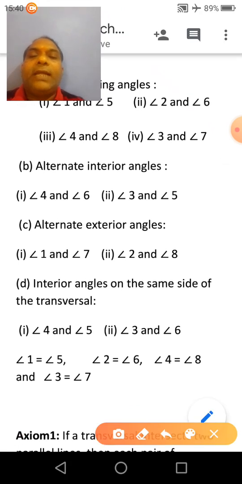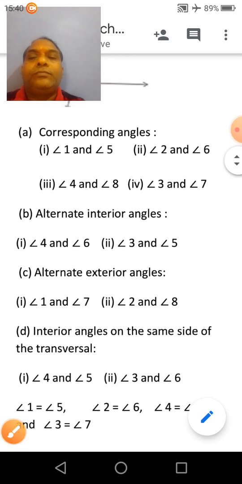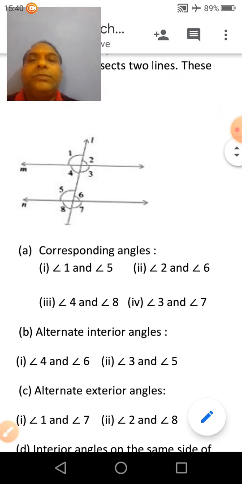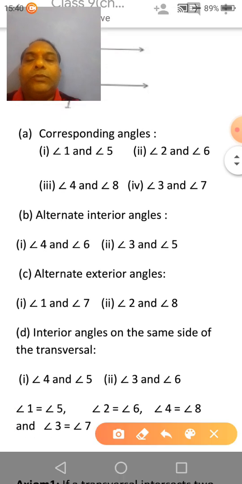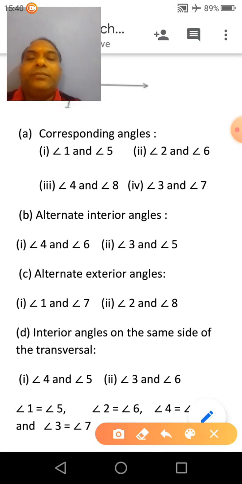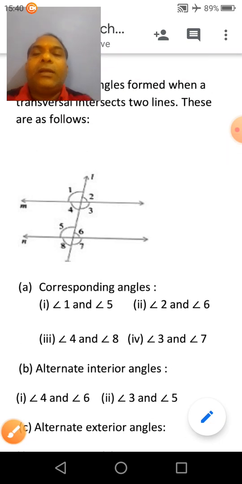You can write it. So in case of parallel lines, alternate interior angles will also be equal. Clear?